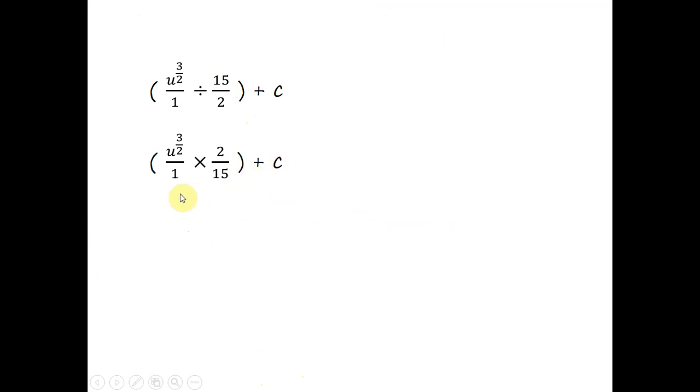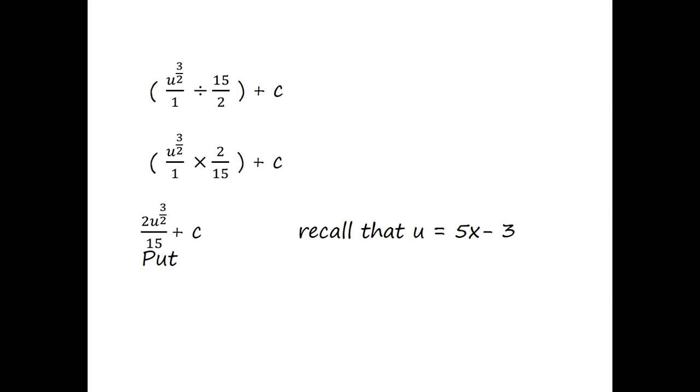And that leads us to the next line, which will have 2u raised to the power of 3 over 2 all over 15 plus c. But recall that u has an expression before, that u is equivalent to 5x minus 3.